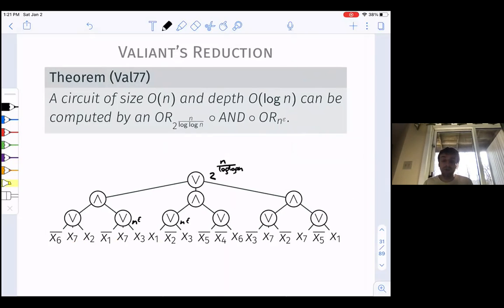Okay, so now if you find a function that cannot be computed by such a depth 3 circuit, then you also get a superlinear circuit lower bound for log depth circuits. All right. That's a structural result of Valiant for log depth circuits.